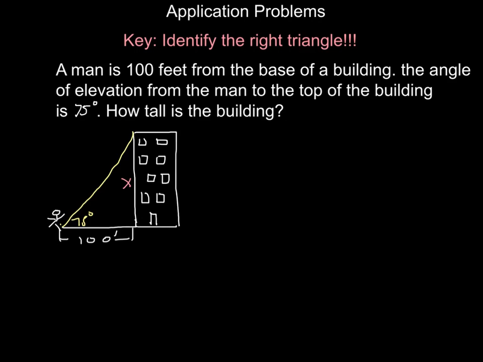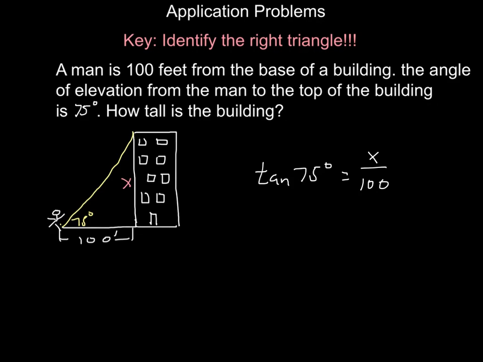So I have to look at that, see the right triangle, and ask myself, which one of the SOH-CAH-TOA relationships ties these three pieces of information together? And what I know when I look at that is that the tangent ties these together. By SOH-CAH-TOA, the tangent of 75 degrees is going to be opposite, which is x, over 100.